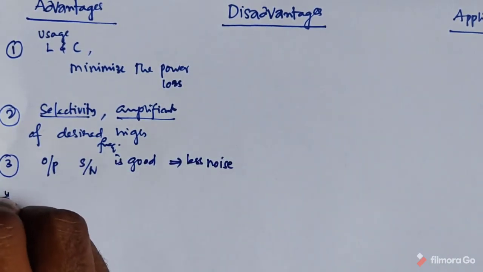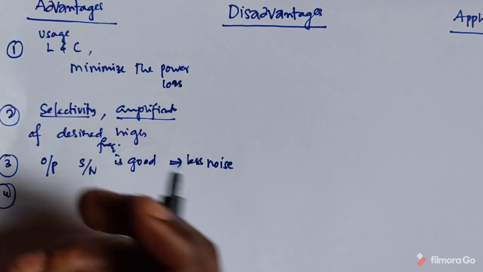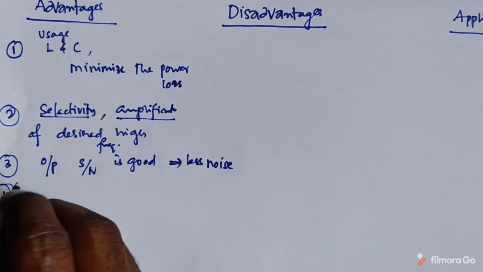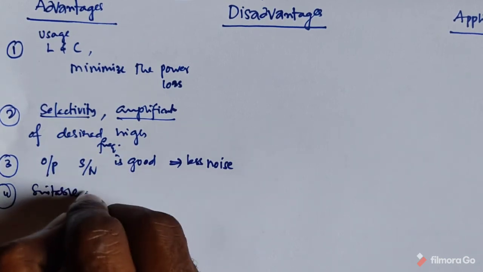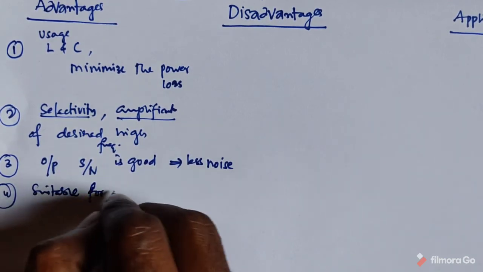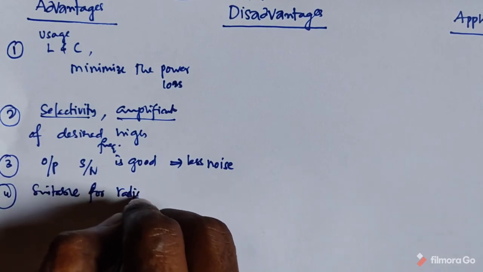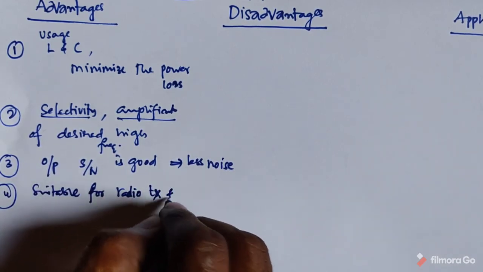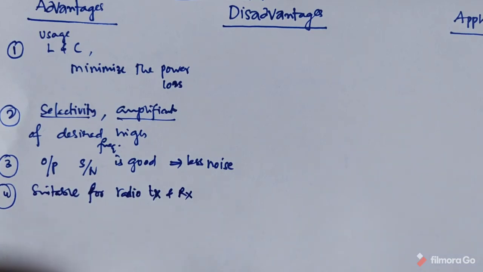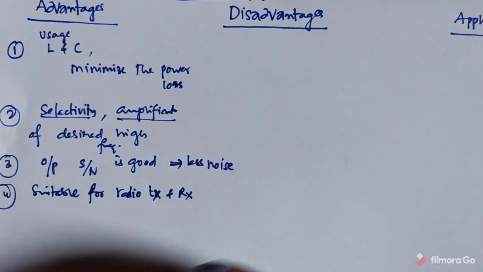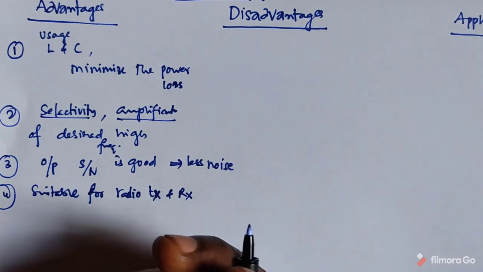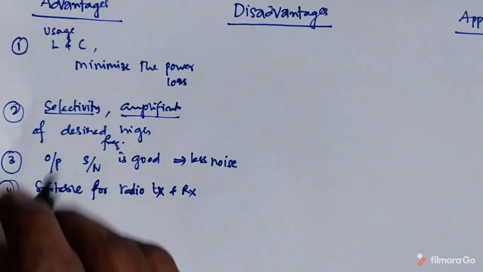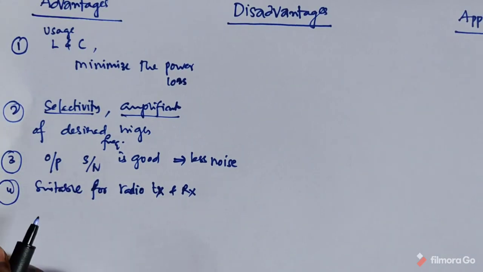And the next one is that it is suitable for all transmitter and receiver purposes, that is, radio transmitter and receiver. The band of frequency where amplification is required can be varied based on these.